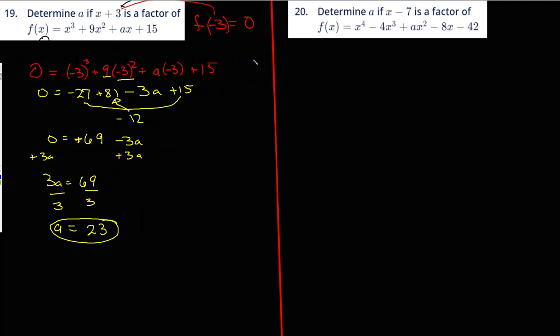We're going to do the same thing, but this time we're going to work with the opposite of this. That means it's going to be a p of 7 that needs to equal 0.